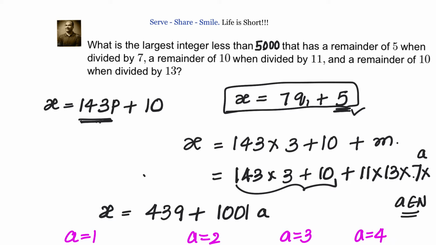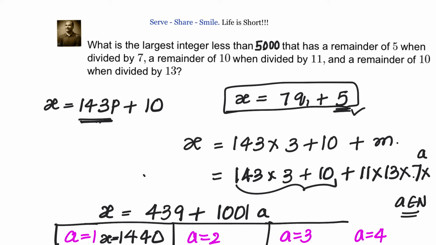When a equals 1, our answer is 439 plus 1001, which is equal to 1440. Now that number doesn't seem to be the largest integer, so we'll move to the next one.